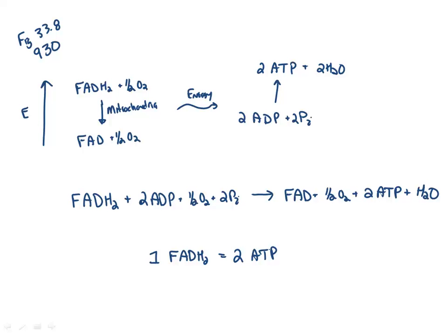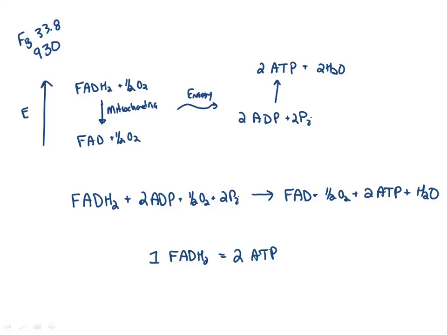Now here's a tough one. Well, I won't say a tough one. This is just another one of those 50-50 things. Obviously, I'm going to write the reaction next for NAD and NADH and NAD plus and all that. How many ATPs is that worth? Well, an FADH2 is the equivalent of 2 ATP.